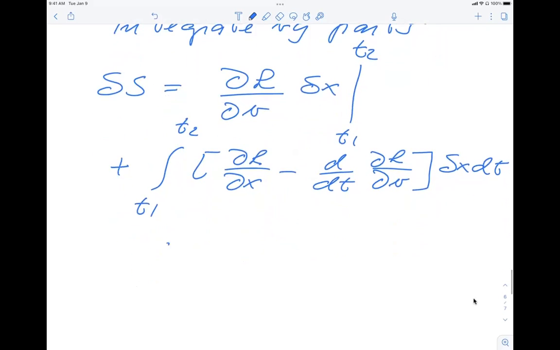What we know is that delta x at t1 is equal to delta x at t2, and that's equal to 0.